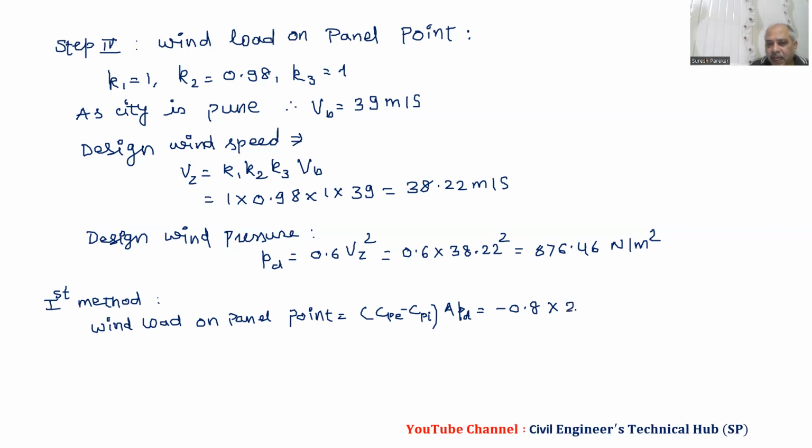It always acts on inclined portion. So 2.61 into 3.5, sorry, not 3.75, and into the value of PD, 876.46, and we will get this value equal to 6.41 into 10 raised to 3 newtons, that is 6.41 kilonewton, which is away from roof. Minus sign shows it is away from roof.